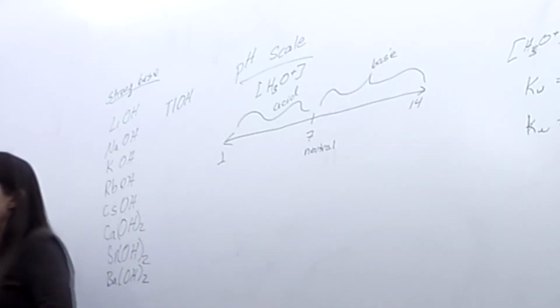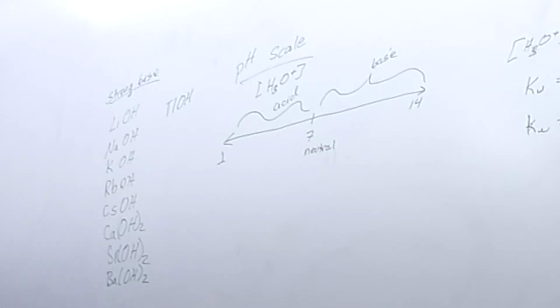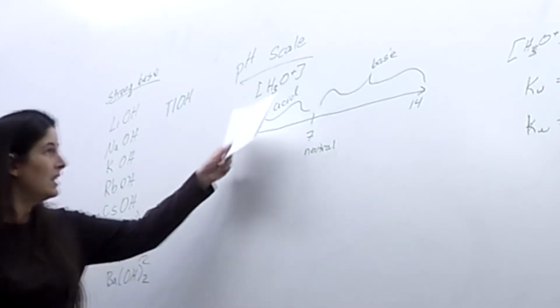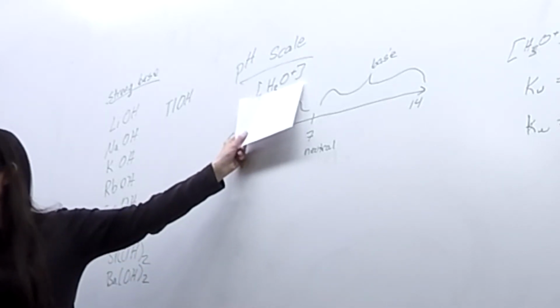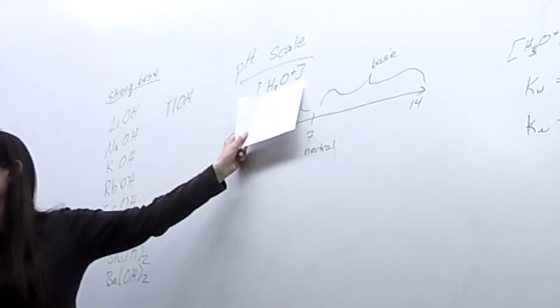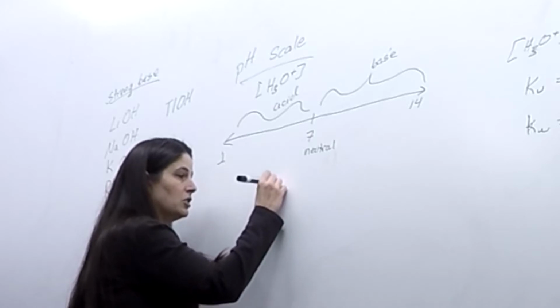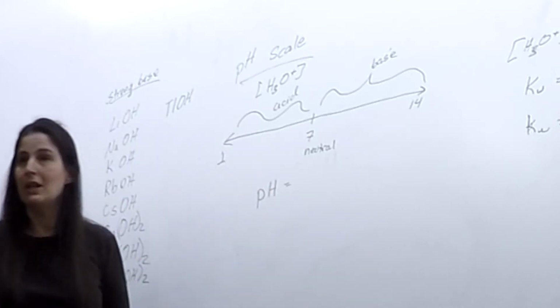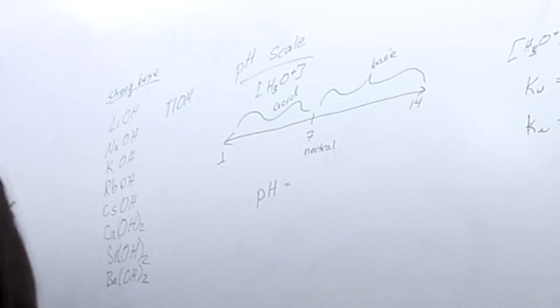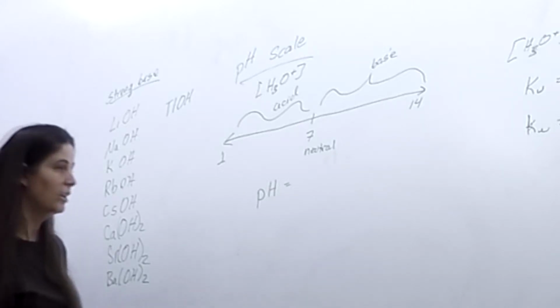So if it is measuring the acidity, why is the acidity not the high pH number? And that is because this concentration is what makes it acidic. It's not the pH. So we have to answer that question, we have to look at what the relationship between the concentration of the hydronium and pH are.